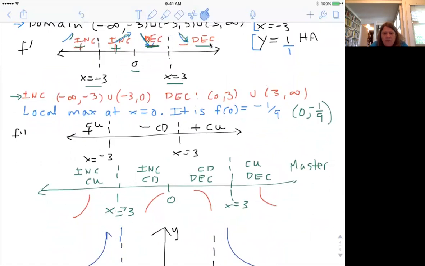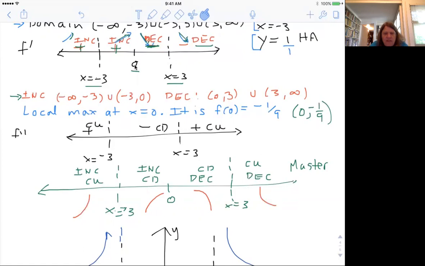To the right of 3, I had decreasing and concave up. So over here to the right of 3, I put decreasing, concave up. Between 0 and 3, it was decreasing, but concave down. So decreasing, concave down.